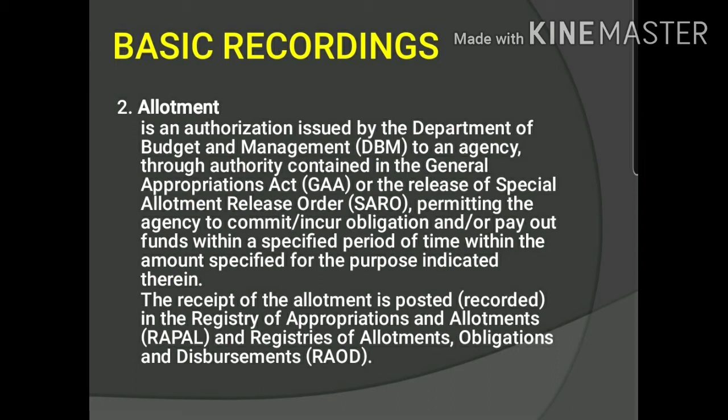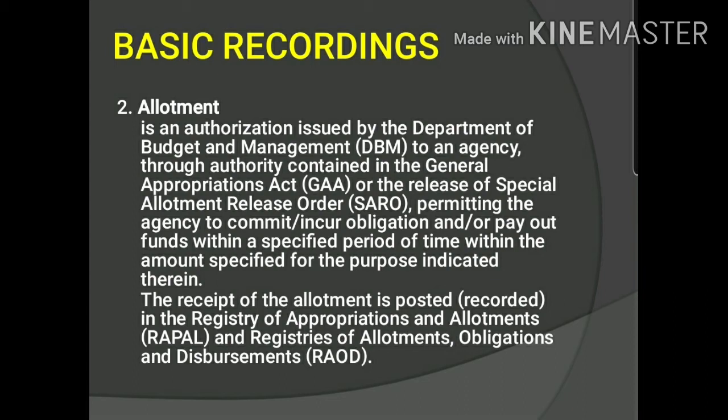In technical terms, allotment is an authorization issued by the Department of Budget and Management, DBM, to an agency, through authority contained in the General Appropriations Act or the release of Special Allotment Release Order, SARO, permitting the agency to incur obligation and/or pay out funds within a specified period of time within the amount specified for the purpose indicated therein, unlike in previous years, where agencies can only enter into contract or incur obligation when the DBM issued their respective agency budget matrix, ABM.